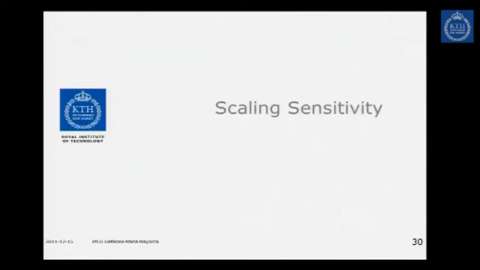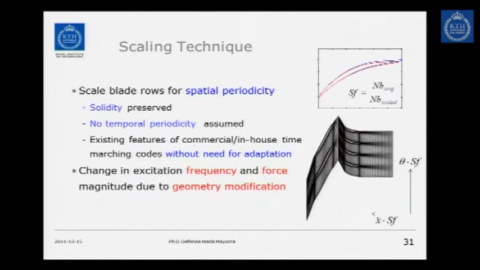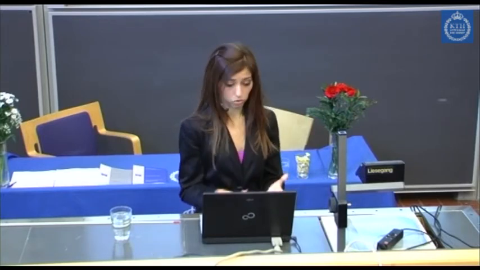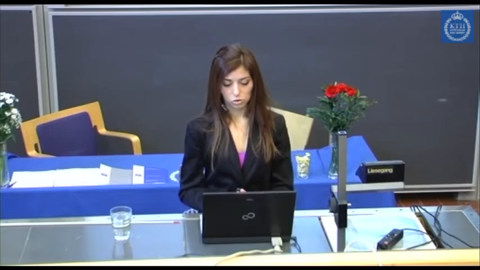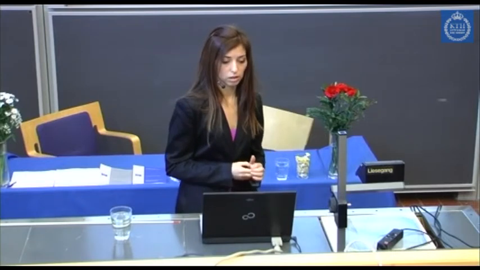For the first one, the scaling sensitivity, as I briefly mentioned again, is to scale the blade rows for spatial periodicity. We do this by maintaining solidity, which means the performance, the steady state, or the loading should be preserved as much as possible. This doesn't assume any temporal periodicity, which means that if there's shedding, this kind of model could also determine the frequency of perturbations due to vortex shedding.